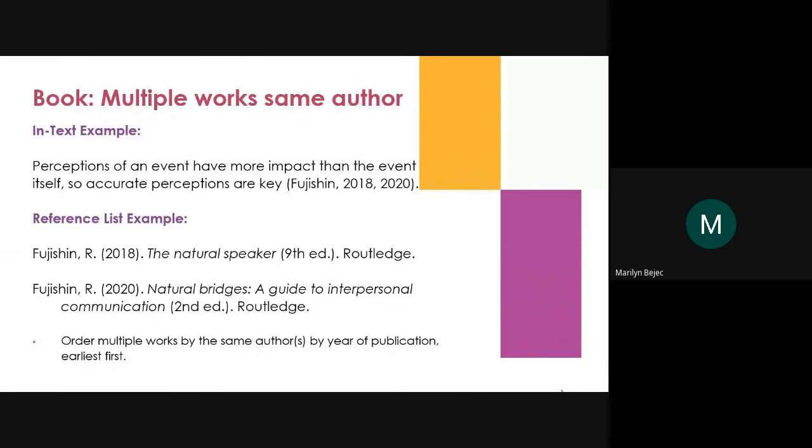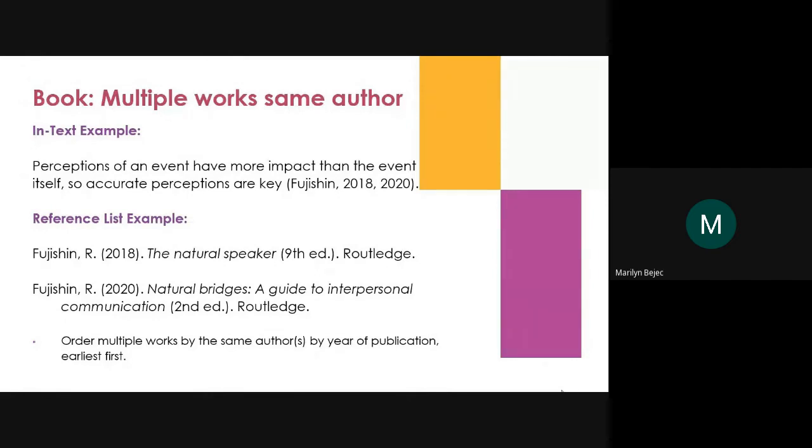So in the reference list, you have to write first the first book that he wrote. You have the same procedure: the author's name, surname, and then the year, and then the title of the book, and then the edition, and then the copyright year. And then you follow it with the latest one. It is chronologically arranged.